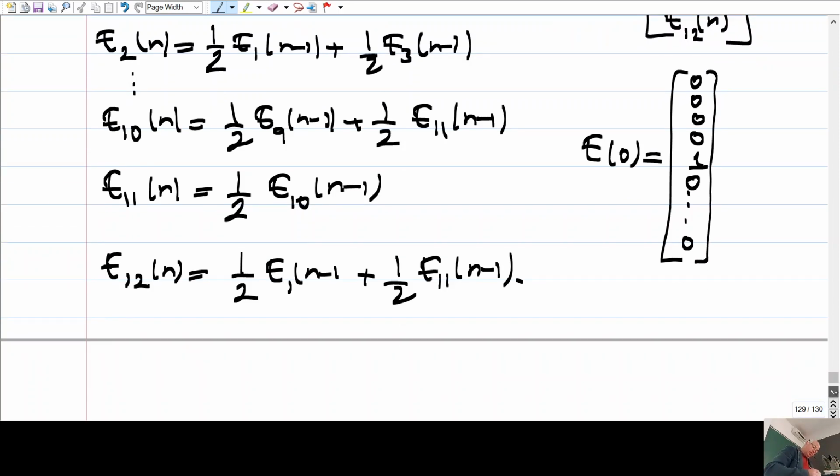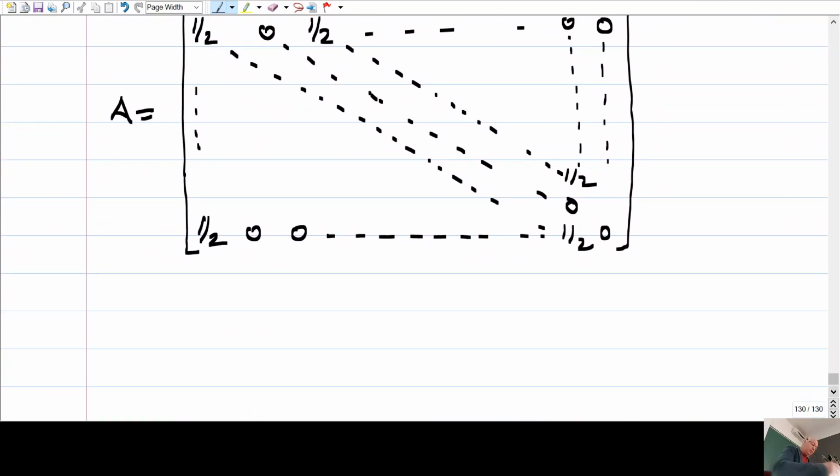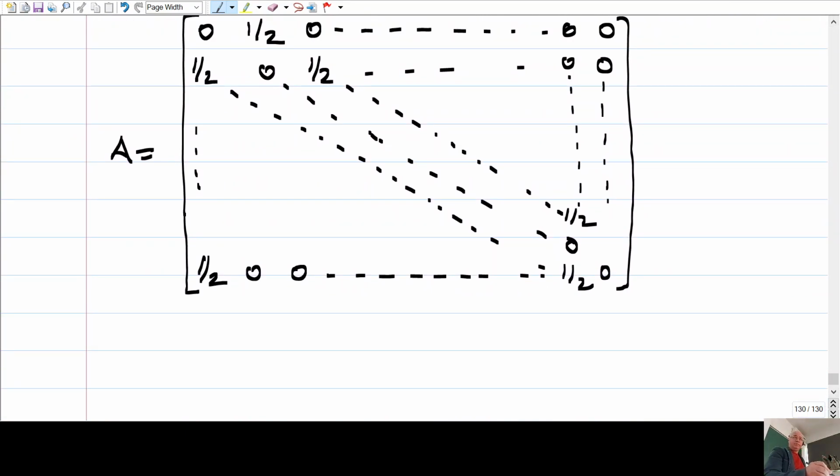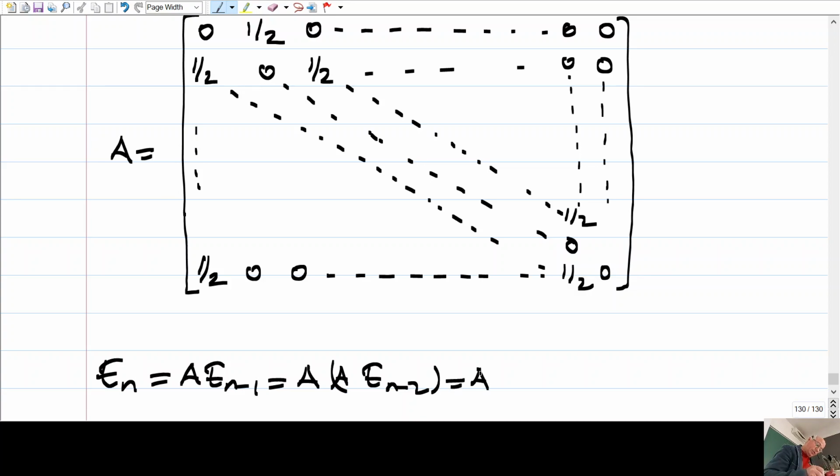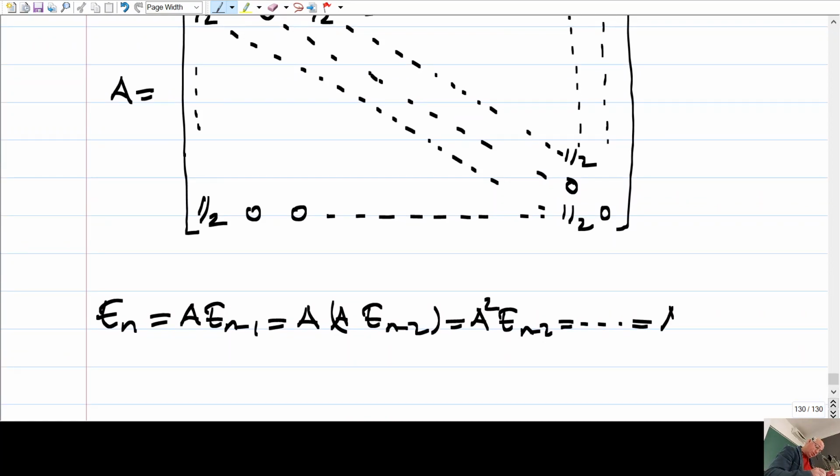Okay, so by multiplying our initial vector, En is just A times En minus 1, but this is A squared En minus 2, and I can continue up to 0. So this is A to the power n E0.